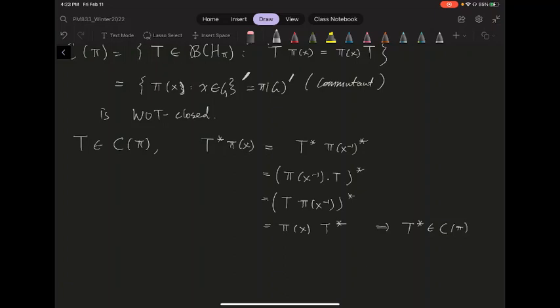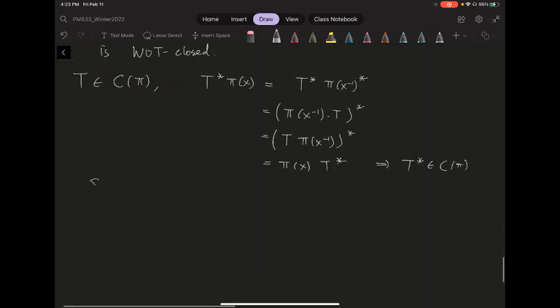All right, so because of that, you can see that C(π) clearly is also a linear space. So if you take a linear combination, you still get in there. And moreover, if you take the product, so if you have S and T inside C(π), then their product is certainly inside C(π). What do I mean by that? Essentially, we proved that C(π) has a star algebra structure.